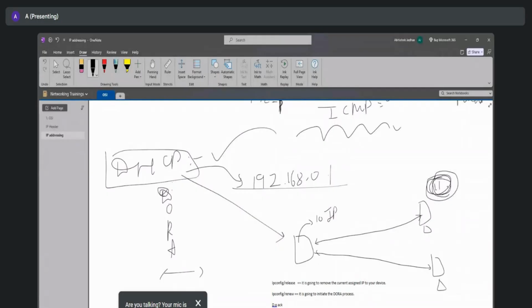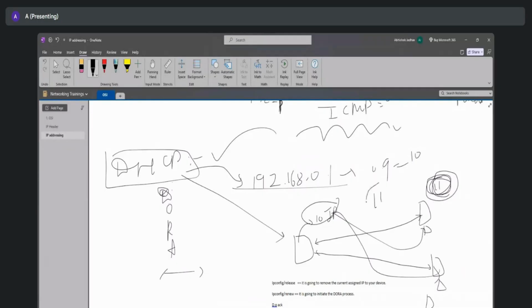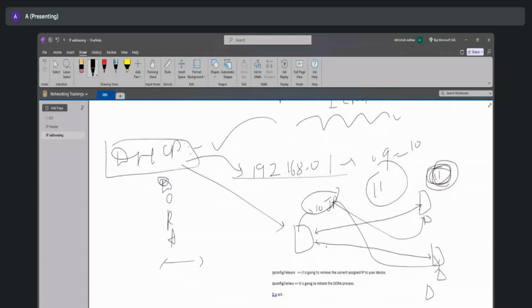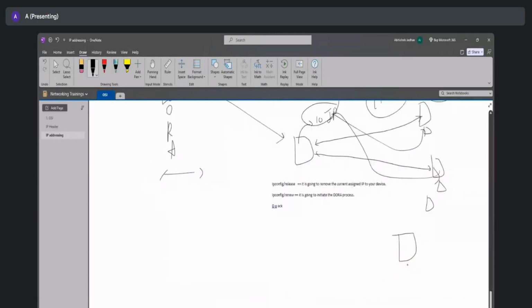When you have got everything assigned, all your other devices have IP addresses assigned, let's say from 192.168.0.1 to 0.9, all the IP addresses, equal to 10 IP addresses, are assigned. Now we need one more IP, right? But that is not there. Then what is the status of that device? What IP address will that device be on?